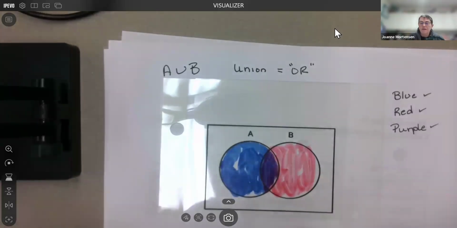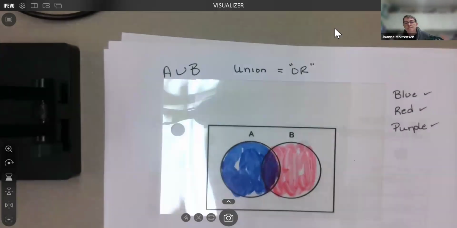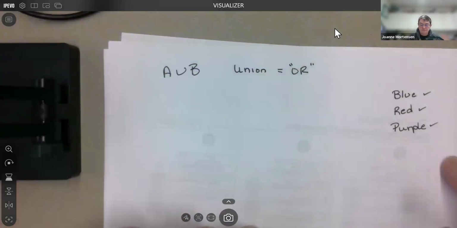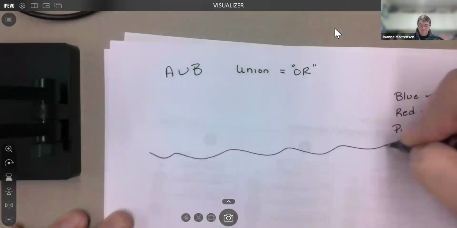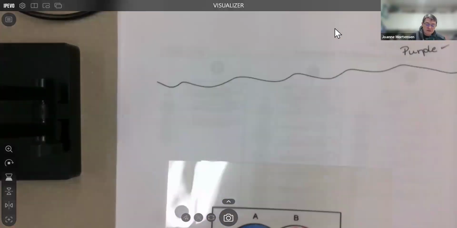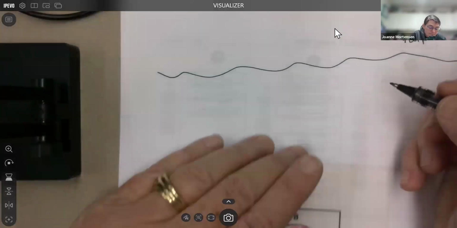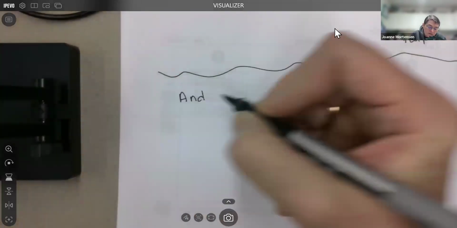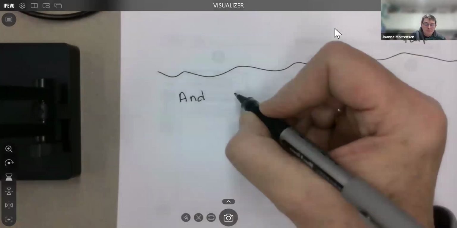There's a slightly different color in the middle, which really just looks like not purple, but a dark blue. That's the "or." Now, if we do "and," which is intersection, I guess I didn't match the top.